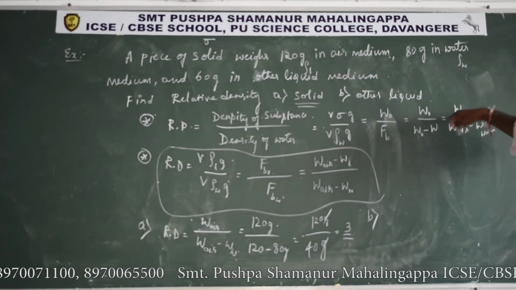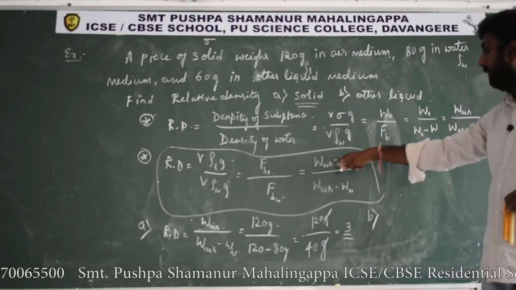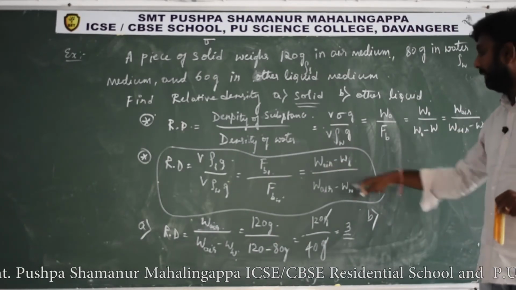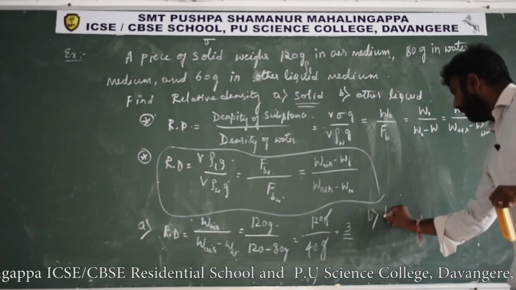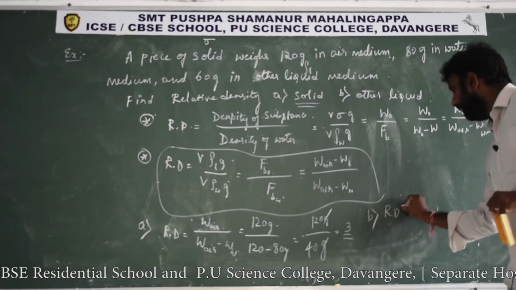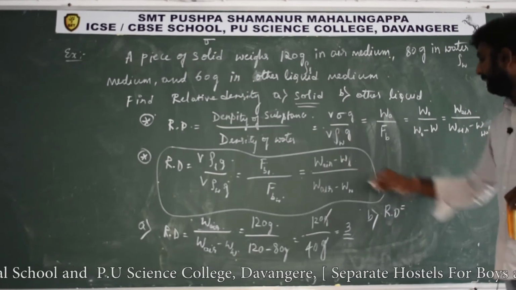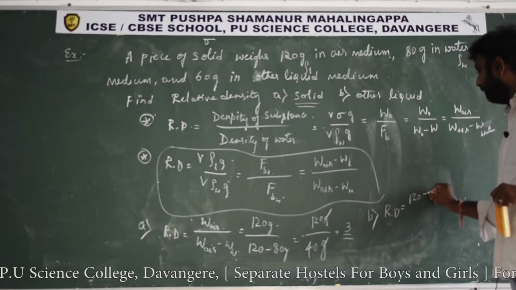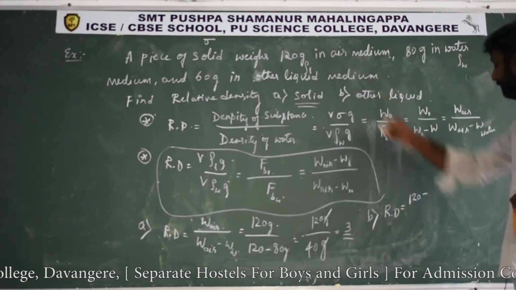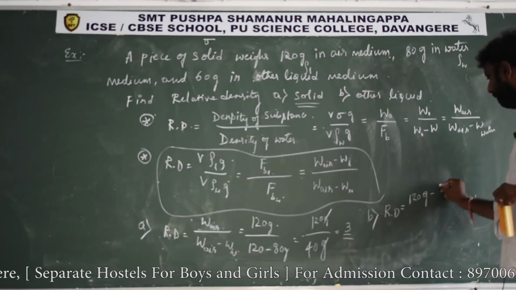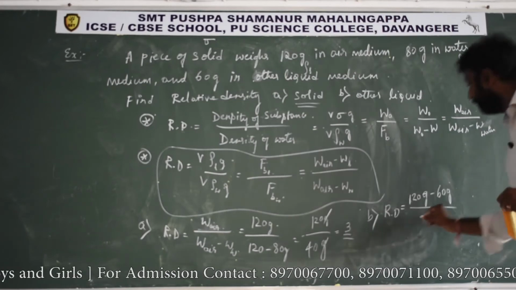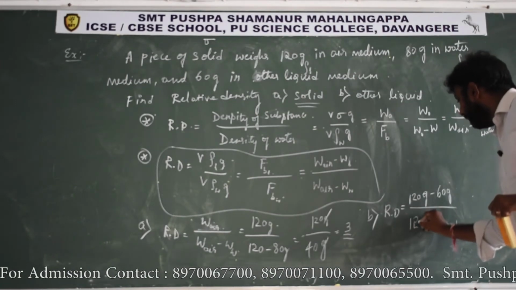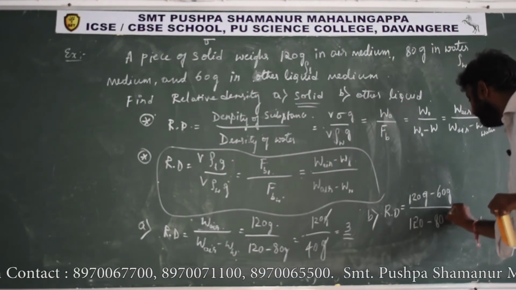Weight in air medium minus weight in liquid medium, divided by weight in air medium minus weight in water medium. So by applying that formula, the relative density is equal to 120 minus 60 g, divided by 120 g minus 80 g.